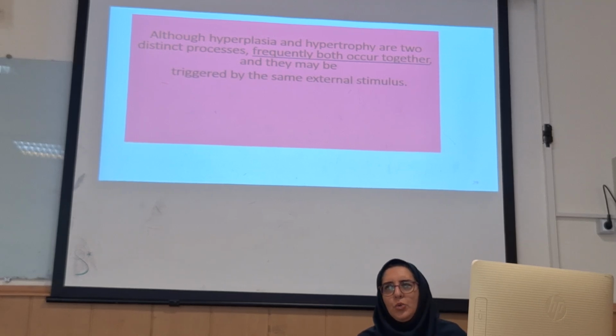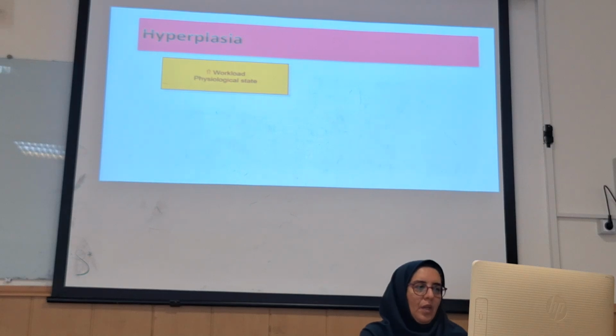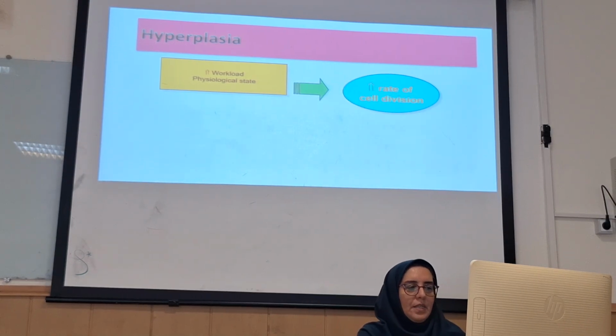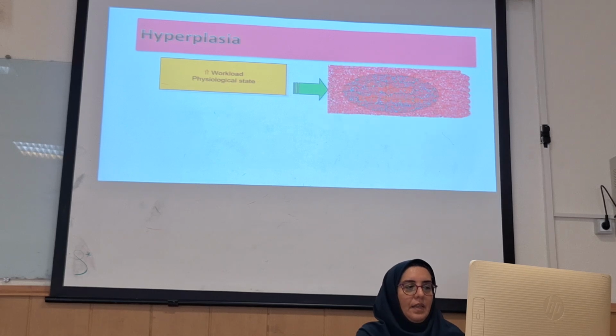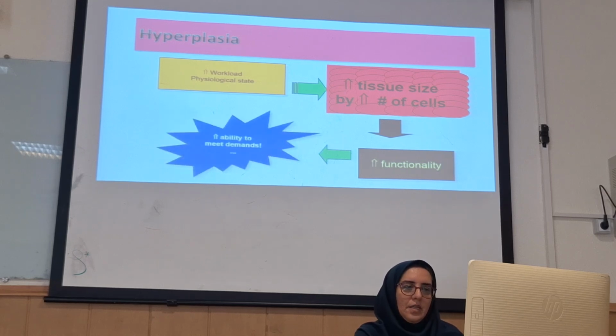In some tissues, hypertrophy and hyperplasia occur together and have a similar stimulus. When we have increased workload, in a physiologic status, we have an increased rate of cell division. Cell number is increased, tissue size is increased, and functionality is increased.